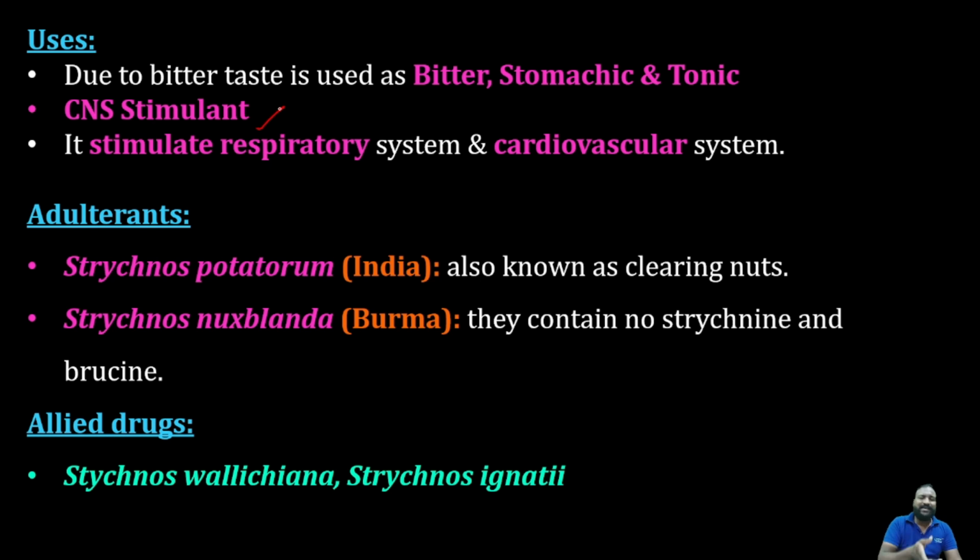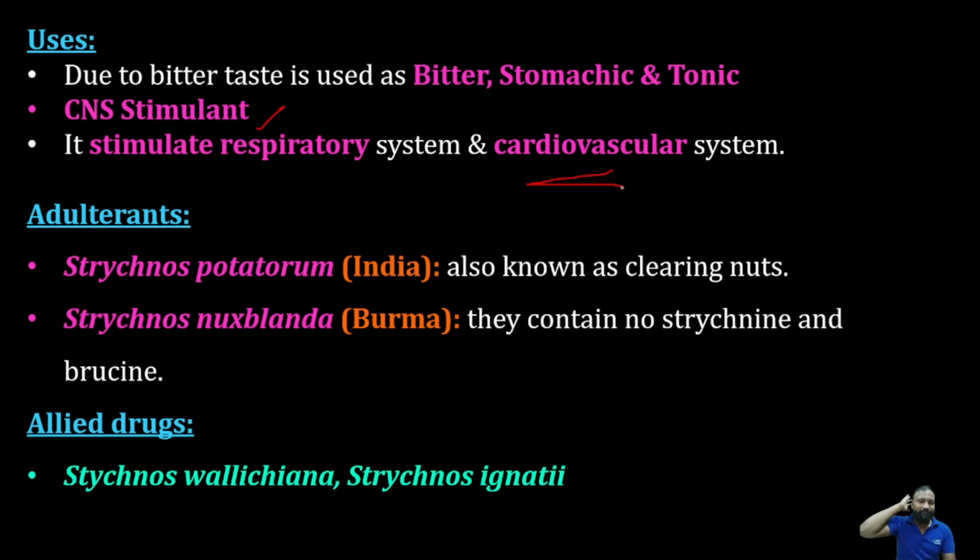If you take an example of an alkaloid with CNS depressant or sedation property, opium is the best example. Whereas caffeine and nux-vomica are CNS stimulants. It stimulates the respiratory system and cardiovascular system because it is a CNS stimulant.